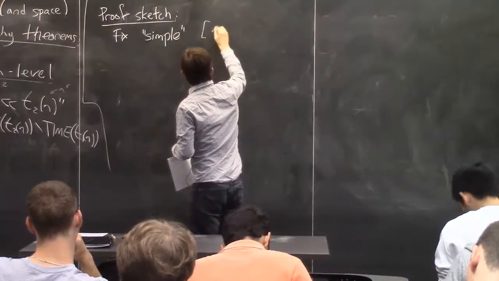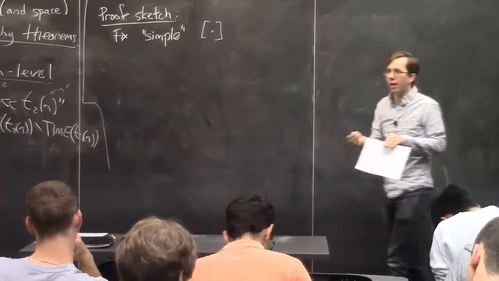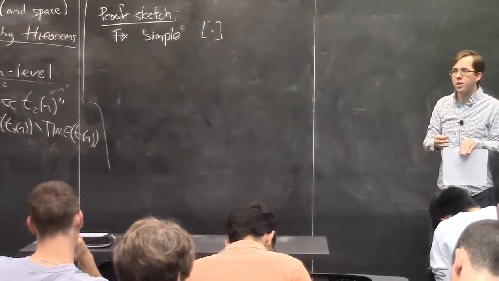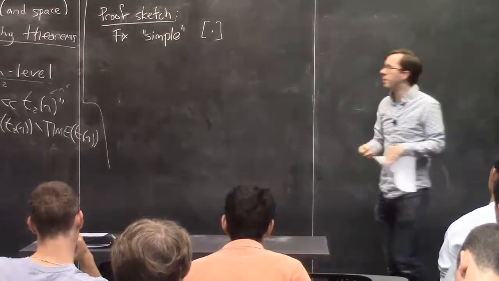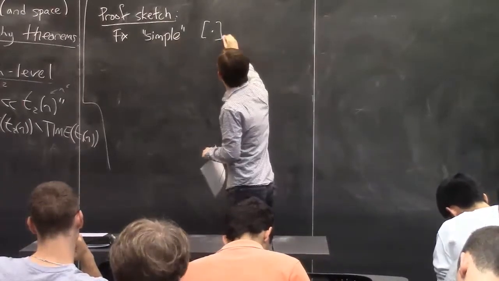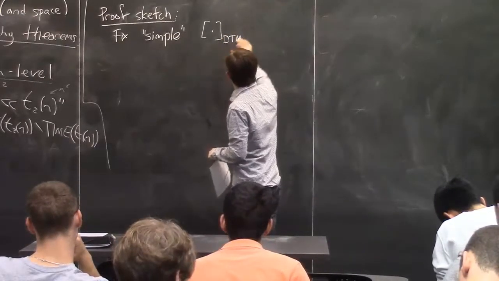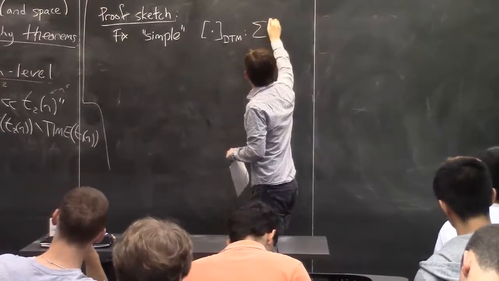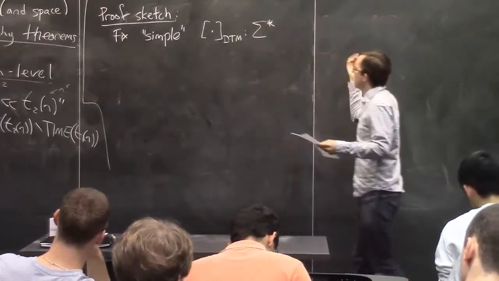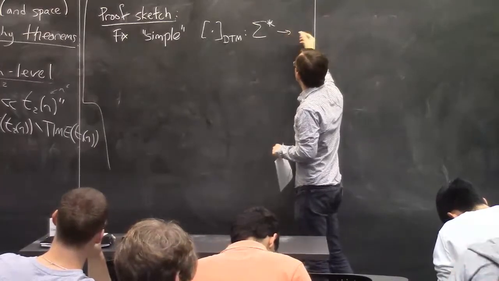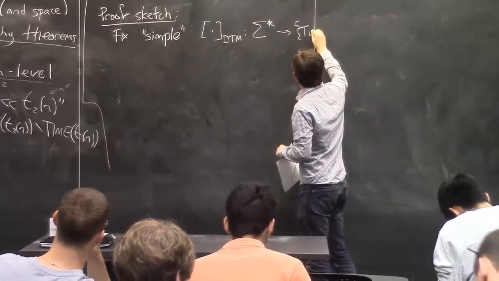I'm actually going to describe the mapping in the other direction, a mapping that takes a string and outputs the Turing machine that it is describing or encoding. I'll use some funny notation. DTM stands for deterministic Turing machine, a map that takes strings, just 0, 1 star binary strings, to the set of Turing machines.